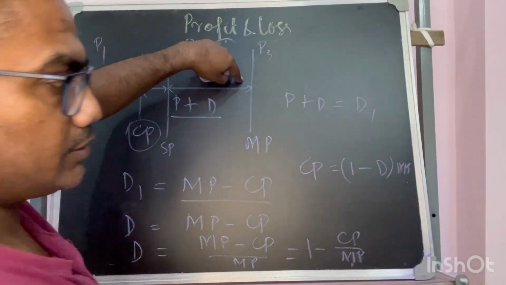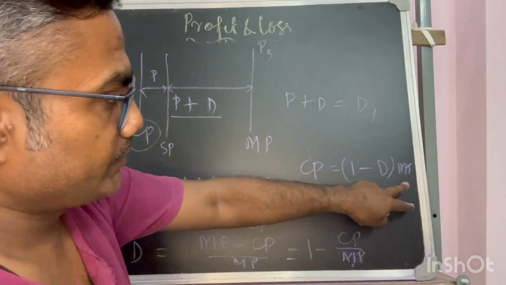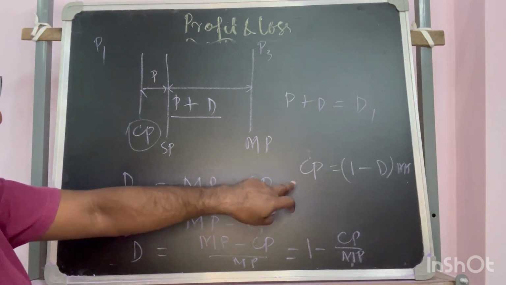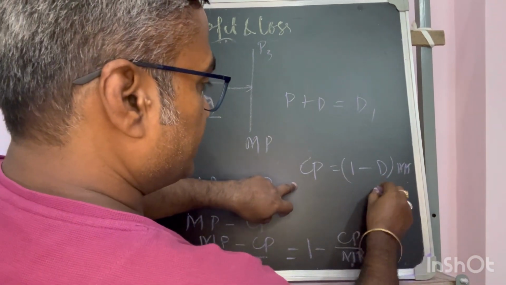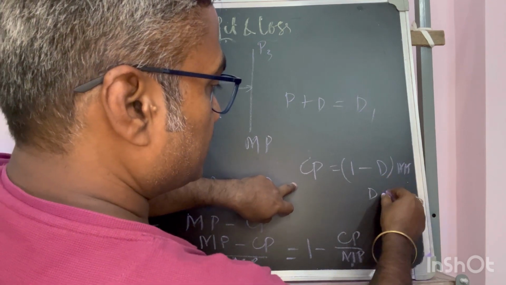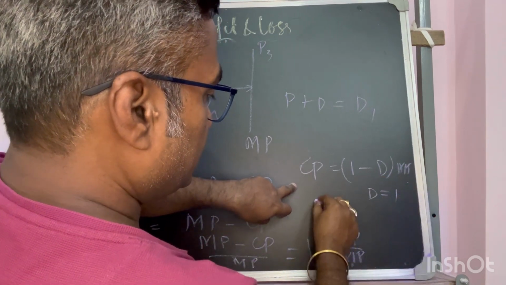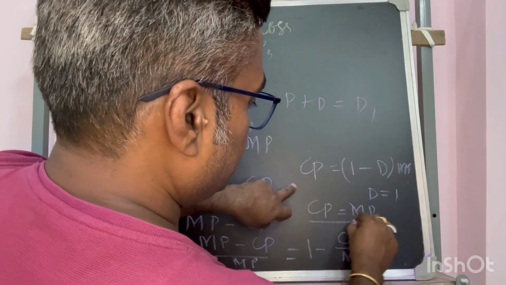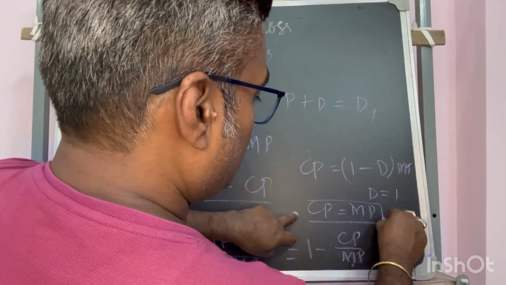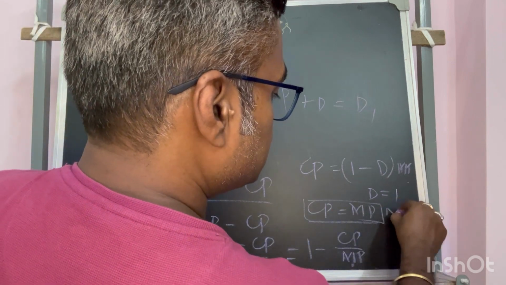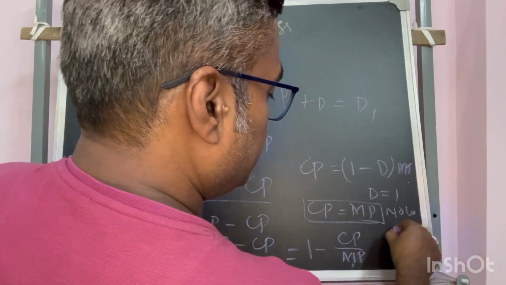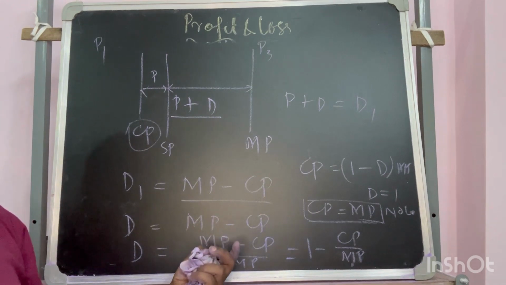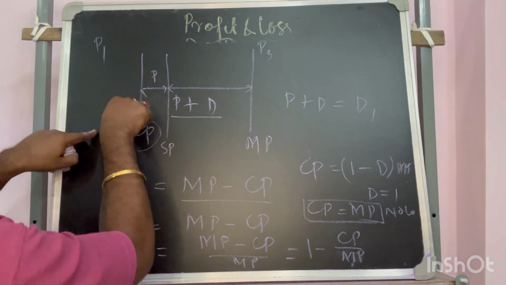This will be the ultimate discount. Below that, if this D is the maximum, that is 1, then CP will be equal to market price, and there is a no loss, no gain condition. Below that, it will definitely be a loss.